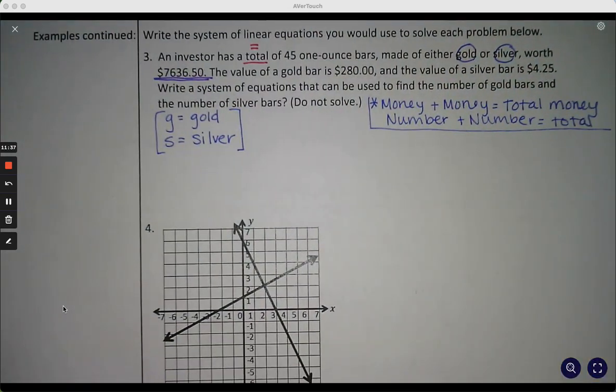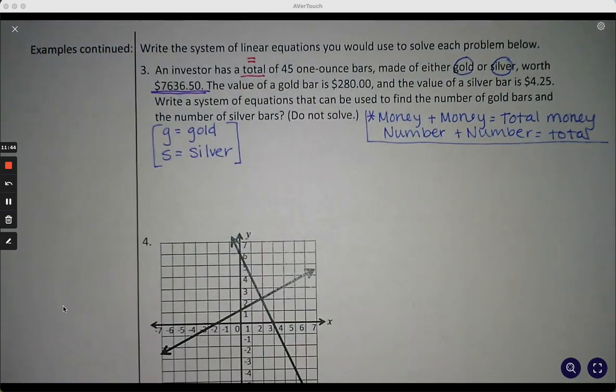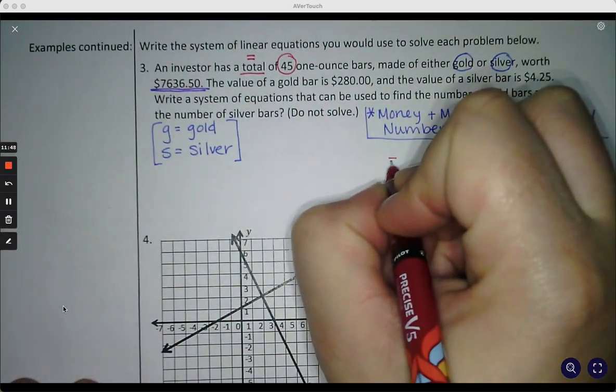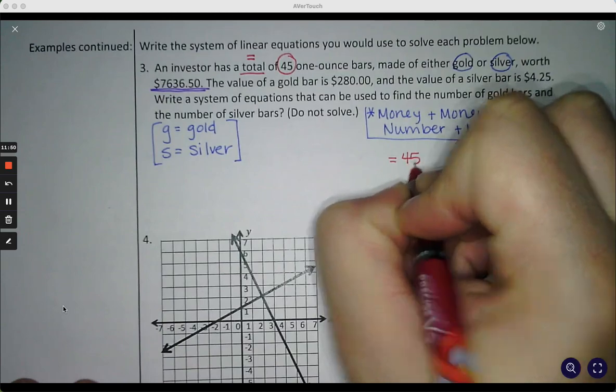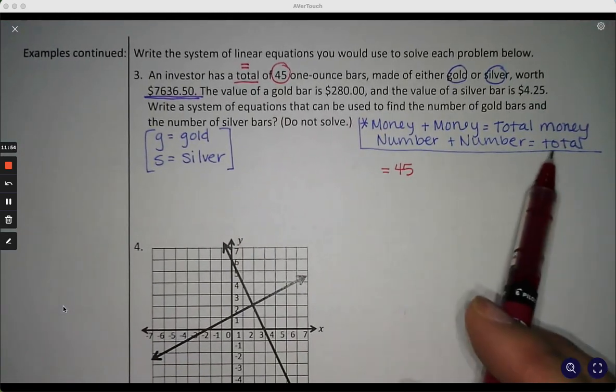So a lot has been given to us in the first sentence alone. So for example, it tells us there's a total of 45. So something has to equal 45. Okay, so this is where the number plus number equals total.